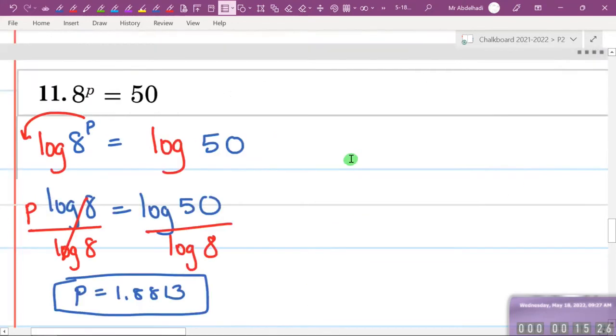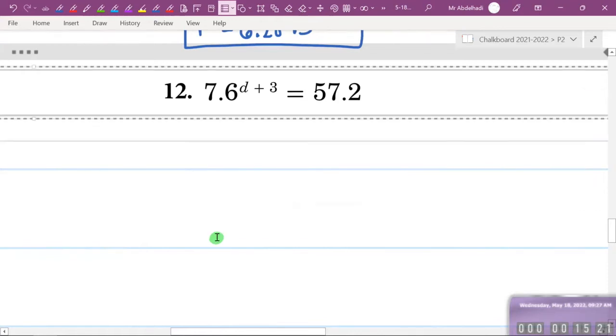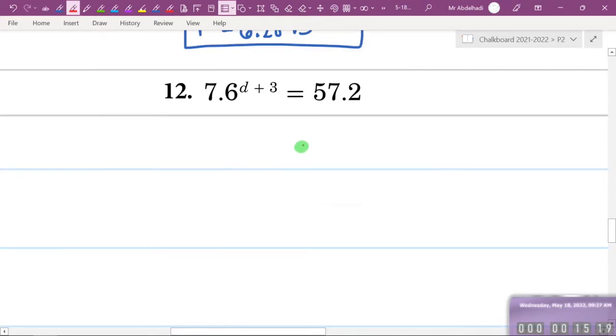Okay, 7.6 and 57.2, definitely no common base there, right? It's all decimal. So we're going to take the log of both sides. You could change this into a logarithm with the circular method, but I think that would be more complicated here. So taking the log of both sides is probably your best bet. So log, all right? This side is 7.6 to the d plus 3 equals 57.2.